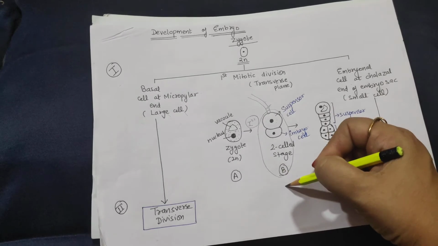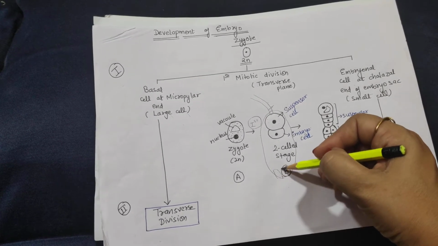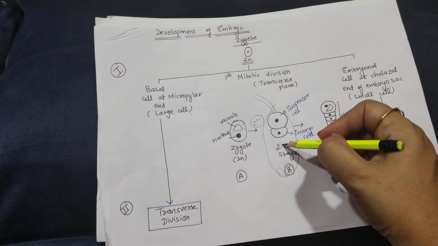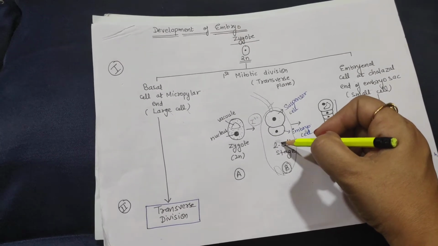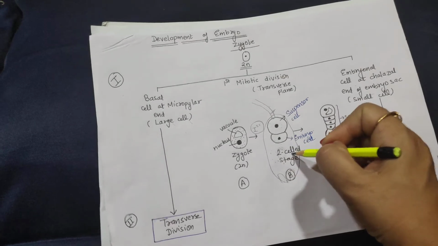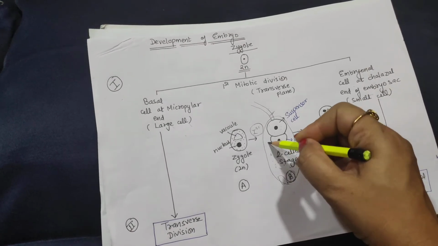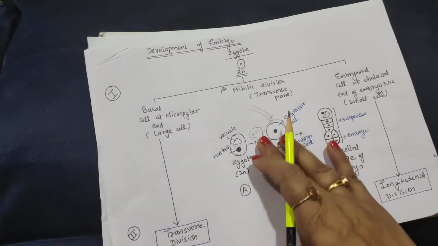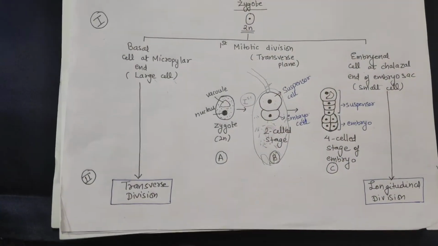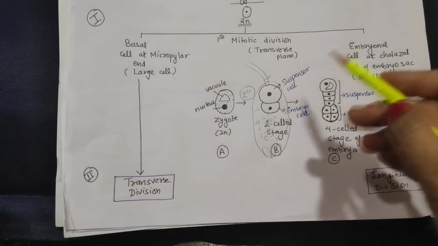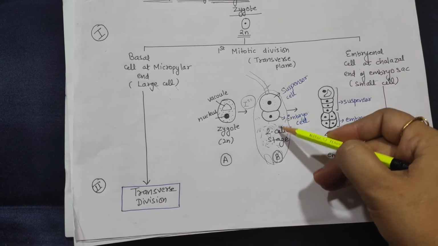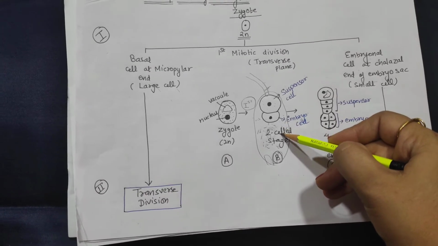And this is the chalazal end, where the three antipodals were present. And in the center there was endosperm development. So now the endosperm completely fills the embryo sac, because the development of endosperm is prior to the development of embryo. So the embryo needs to get embedded in the endosperm in order to derive complete nourishment.